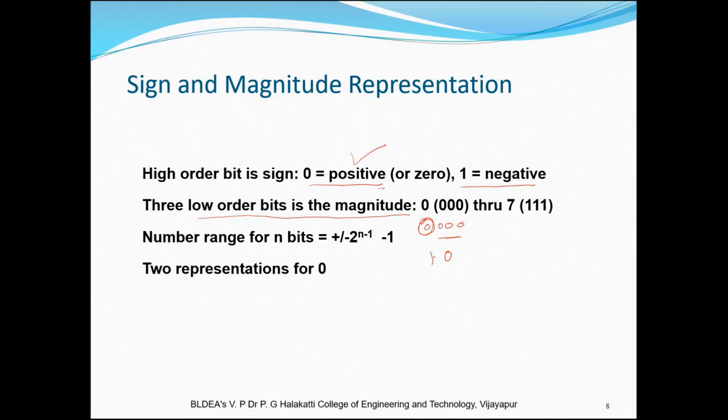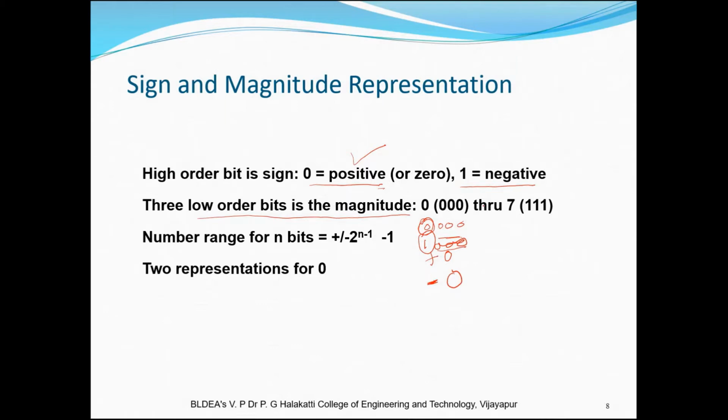If it is 0, it becomes positive 0. If it is 1000, the representation is the same because the low order 3 bits are 0, but since 1 is there in the MSB, it is minus 0.